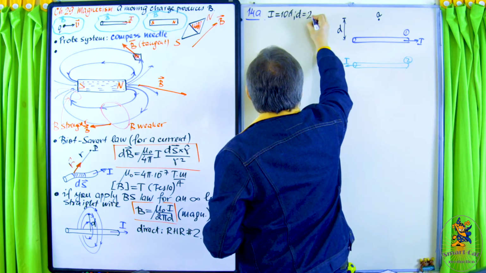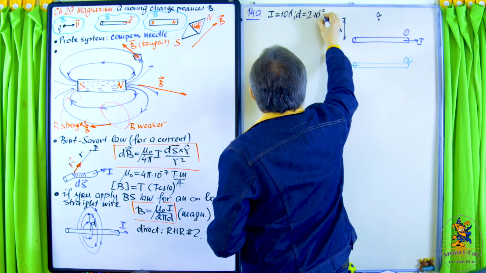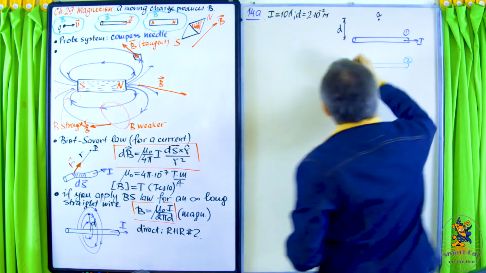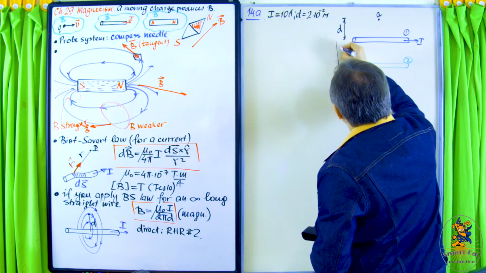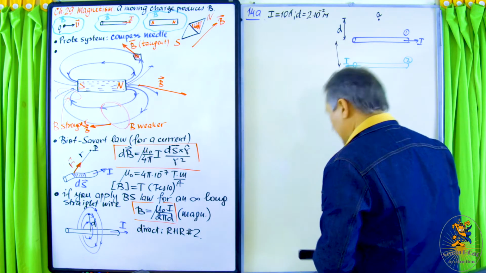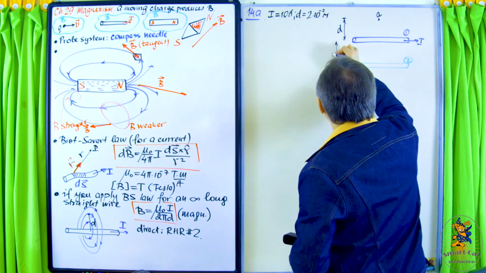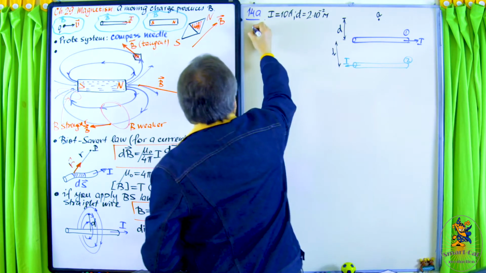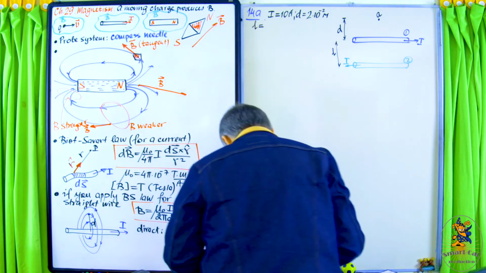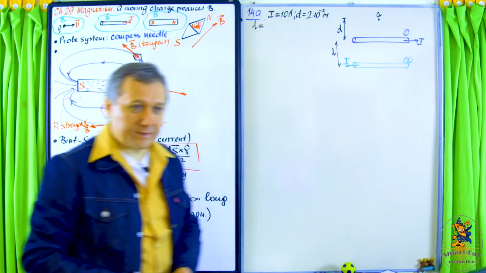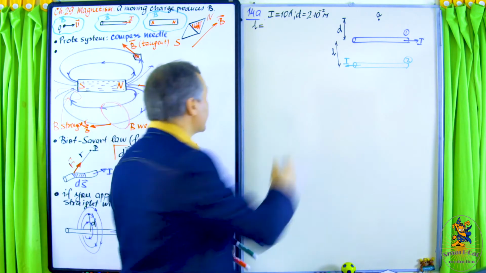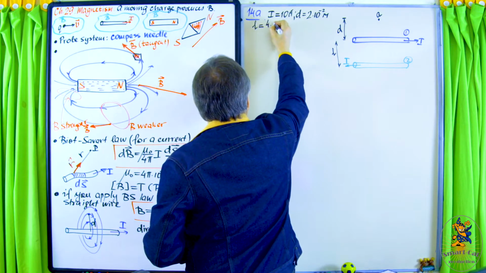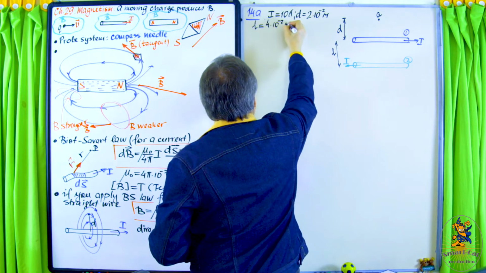So it's 2 times 10 to the power of minus 2 meters. Then the distance between these wires is given by L. L is 4 centimeters, again immediately into meters: 4 times 10 to the power of minus 2 meters.